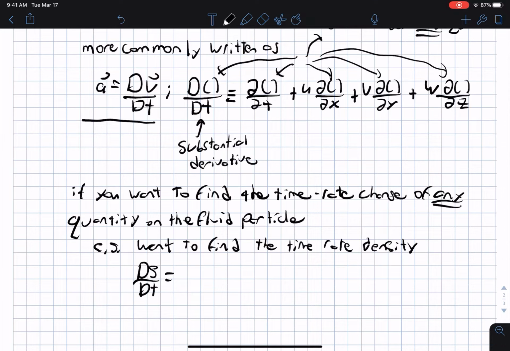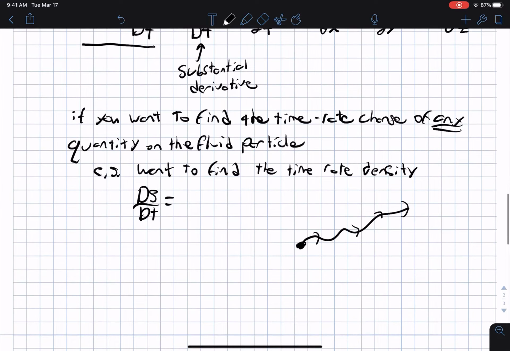Okay, and so again, here we have a fluid particle. It's moving in a vector field of the fluid, and we want to find at this point here what is d rho dt for the particle, right? Because it could be compressing, the temperature could be changing, all kinds of things.